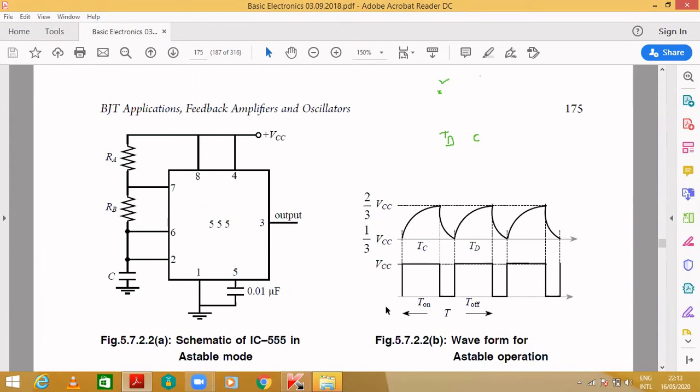Obviously it will be 0. So the final value during discharge time will be 0. This is your initial value, this is your charge on the capacitor, and the final will be less than this, that is nothing but 0.